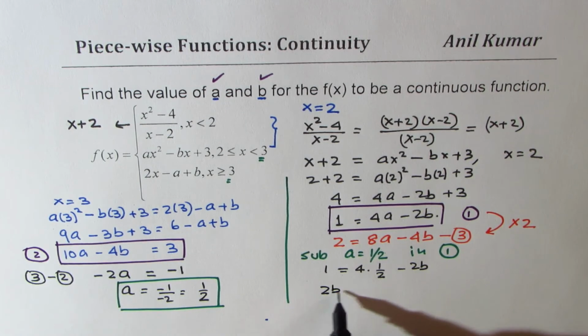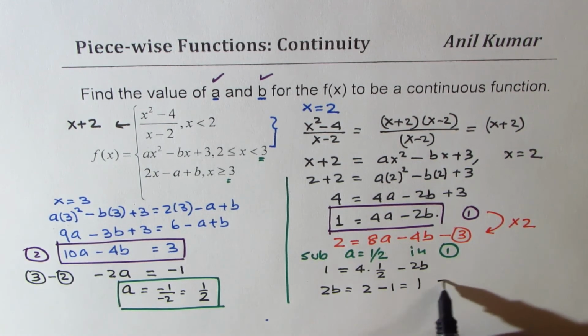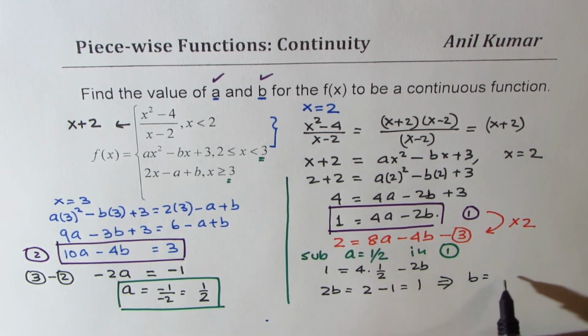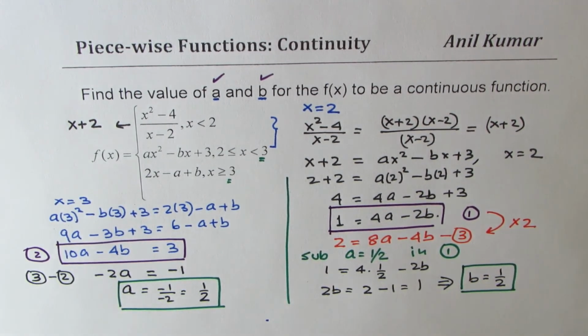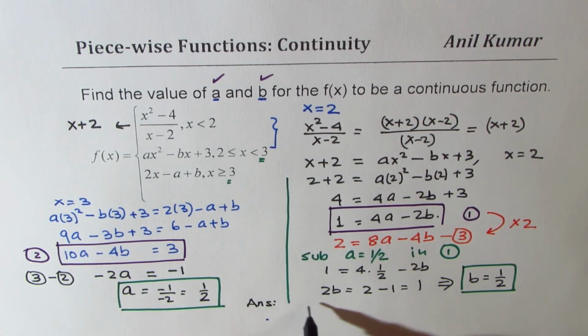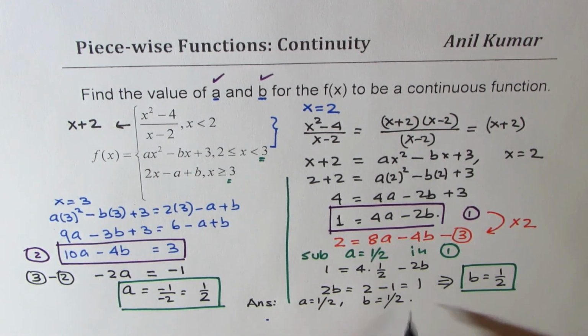Rearranging, 2b equals 4 divided by 2, which is 2, taking away 1, which is 1. So that gives you the value of b as also half. You see that? So we get the values for a and b, and both are equal to half. So our answer here is a equals half and b is also equal to half.